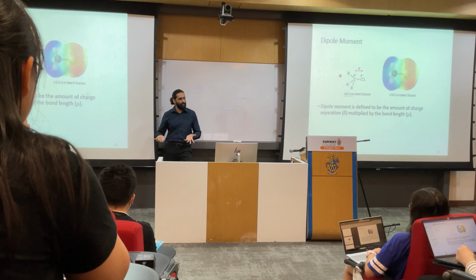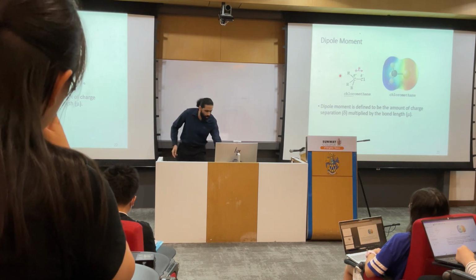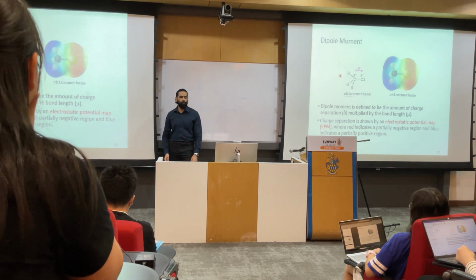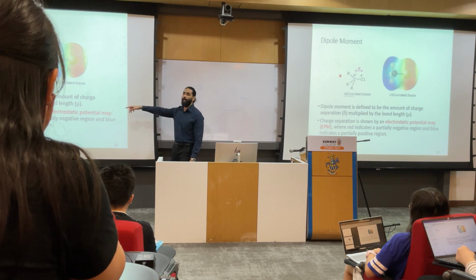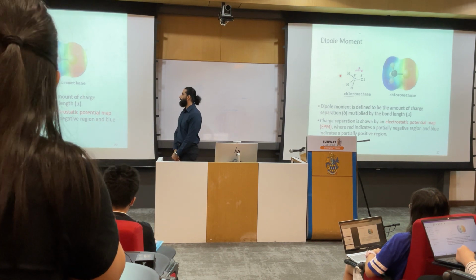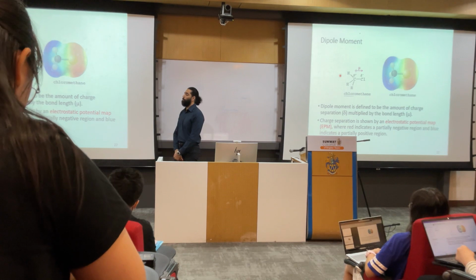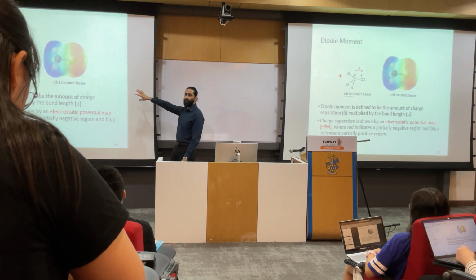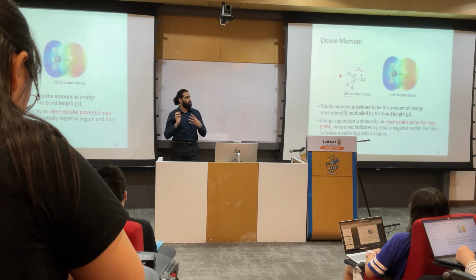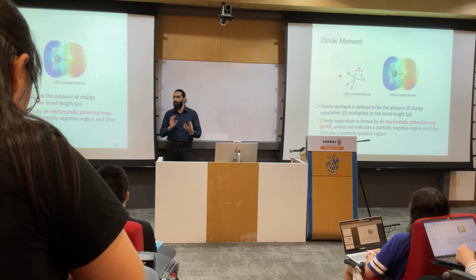How is this represented? This is represented with the help of what we like to call an EPM, electrostatic potential map, where the red color represents high charge density and blue color represents low charge density. Yeah?